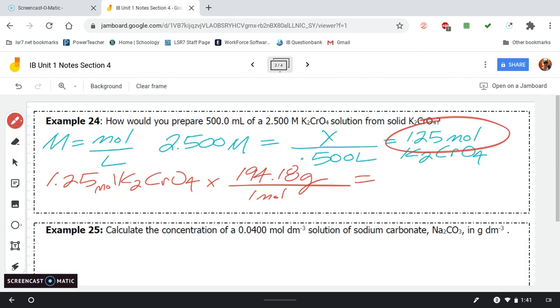I was looking at the sig figs, but with the 3 sig figs here, I'm going to get an answer of 243. I got 242.725, but I'm going to round that to 243 grams of this potassium chromate.